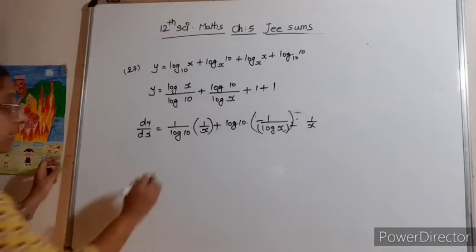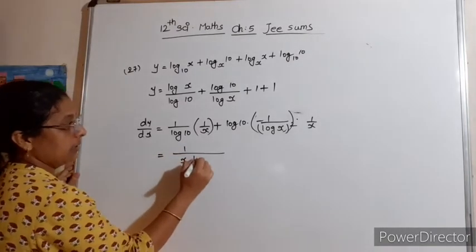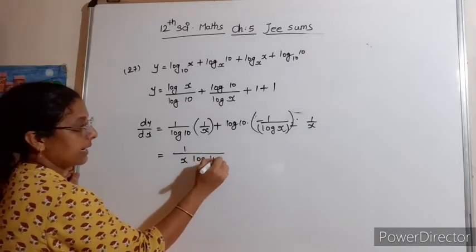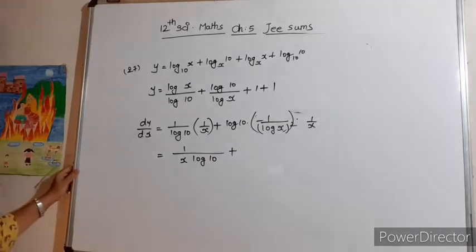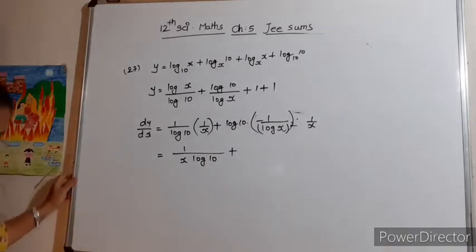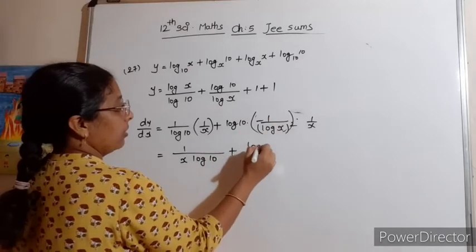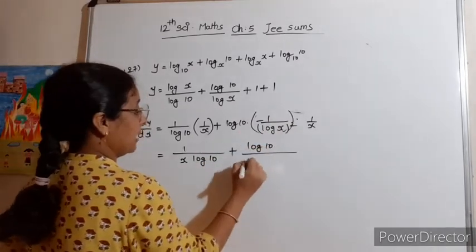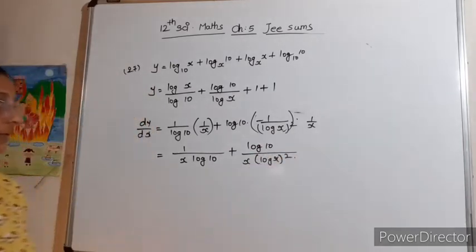So here what is it? 1 upon x log 10. और ये क्या है? प्लस माइनस log 10 upon x log x whole square. That is our answer, right?